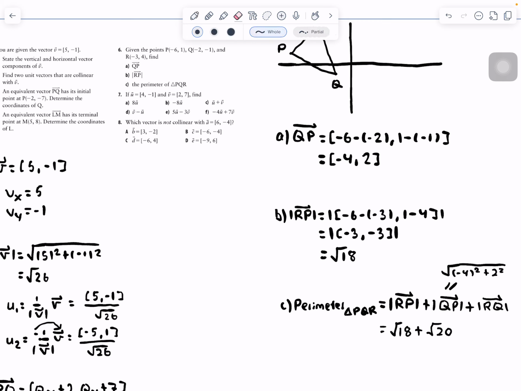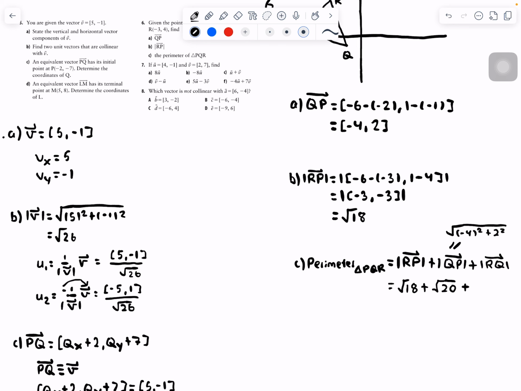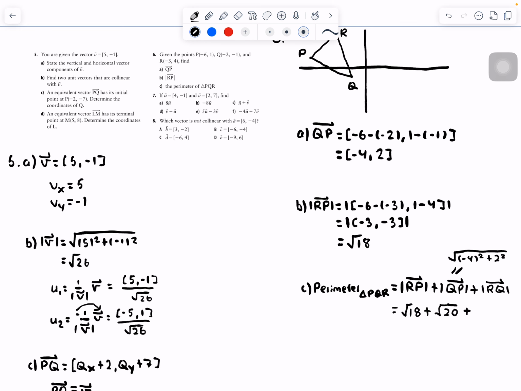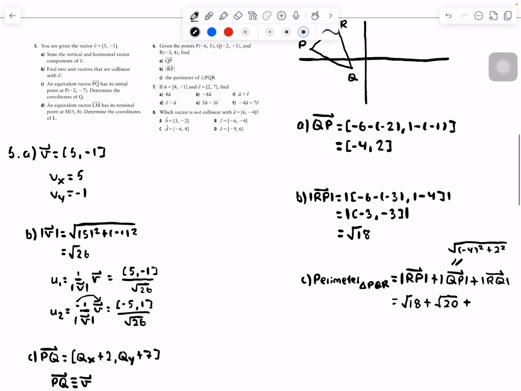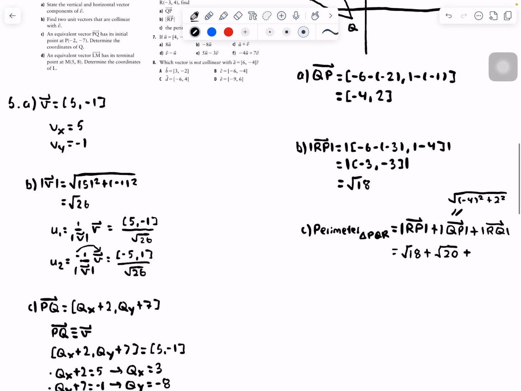Okay, and this final guy. So what is this one going to be? RQ. Let's see here. So we're going to have to find the vector RQ, the modulus of RQ.